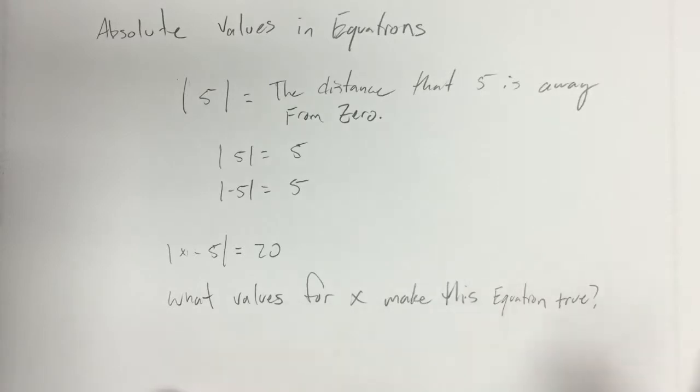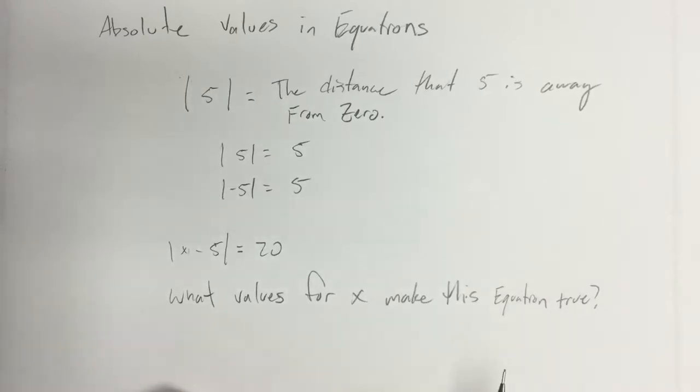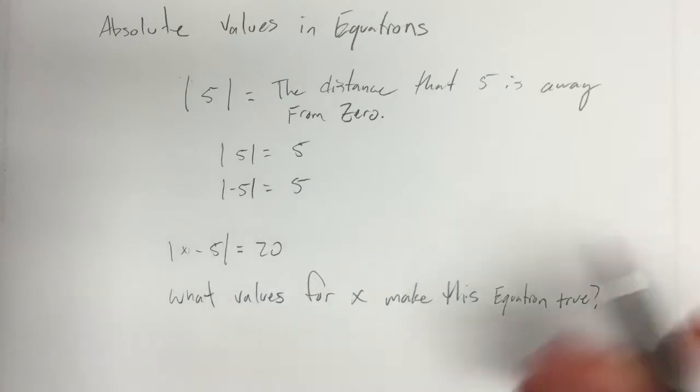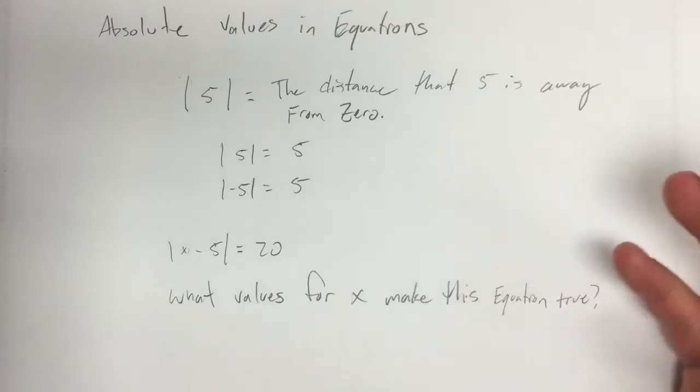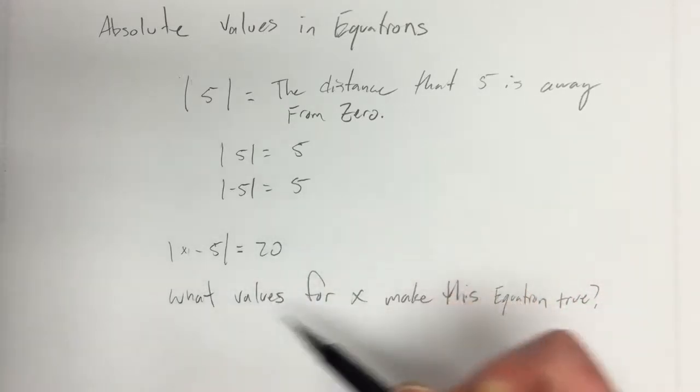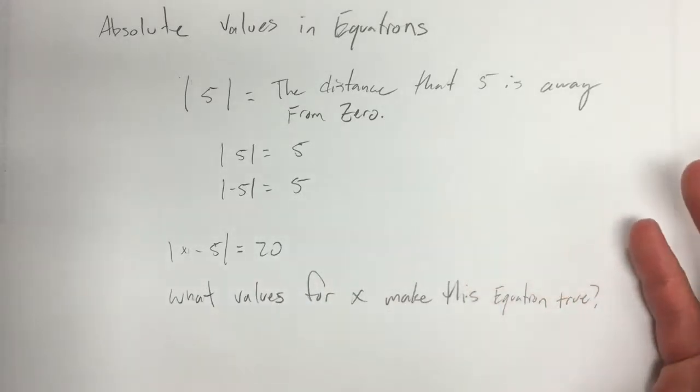Well, if an absolute value can be either a positive or a negative, then x could be a positive or a negative.